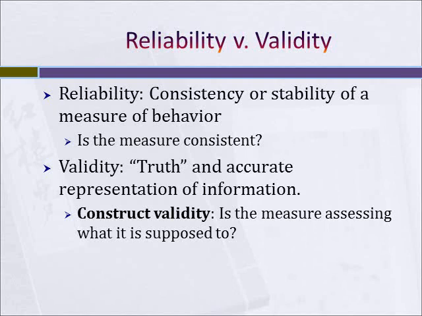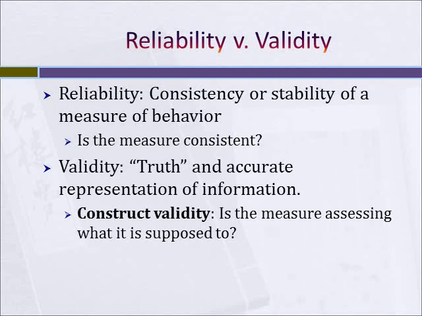Validity, on the other hand, represents whether or not the measure is assessing what it's purported to. That is, validity is supposed to represent the truth. Is that measure actually measuring what it's supposed to? There are a lot of different ways of assessing validity, and this is a simplification for the purposes of differentiating reliability and validity, so we'll cover that in a different podcast.